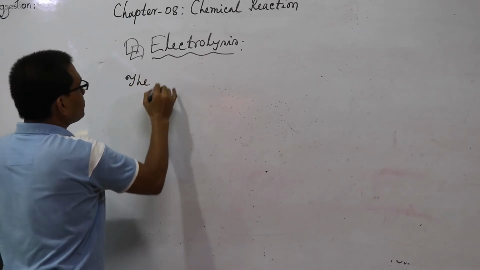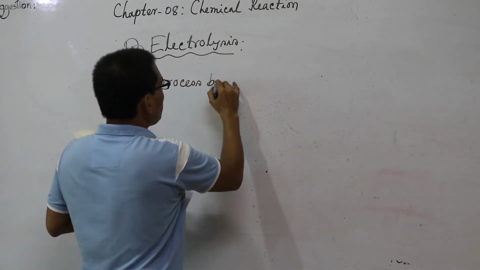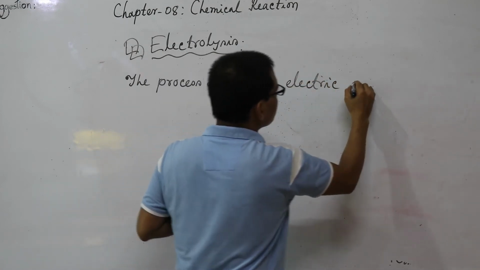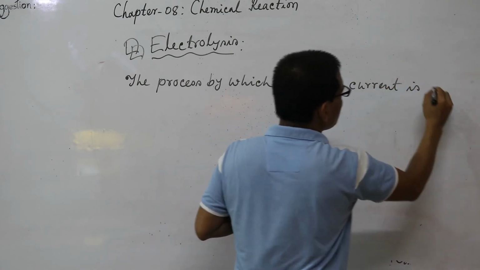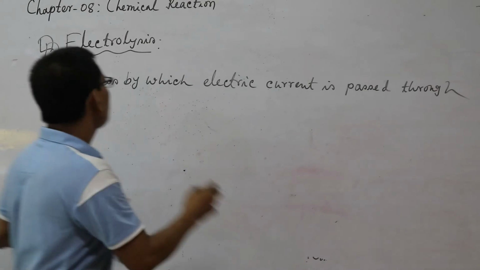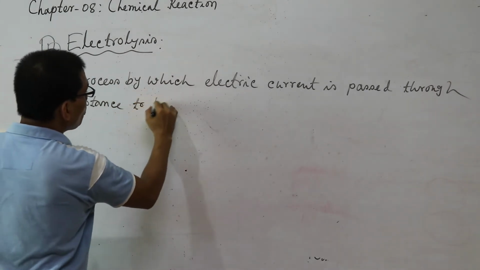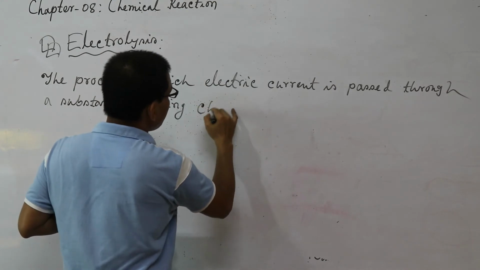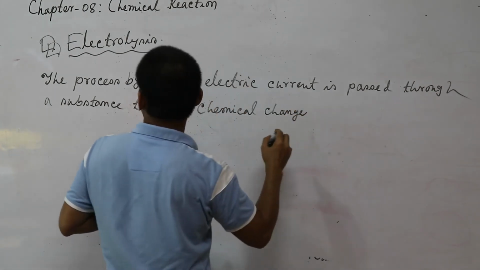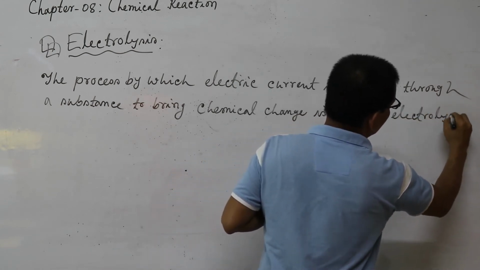The process by which electric current is passed through a substance to bring chemical change is called electrolysis.